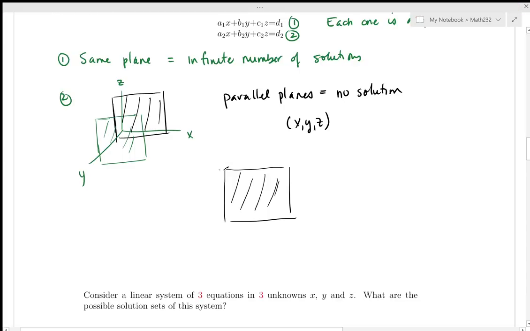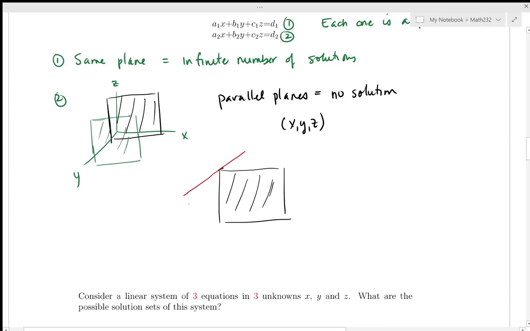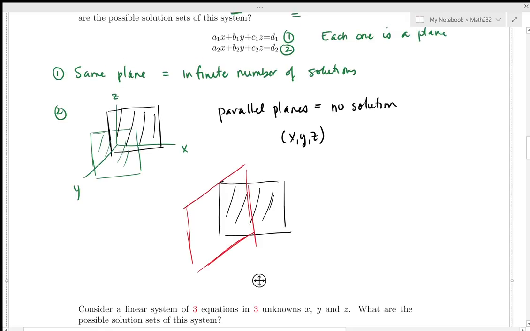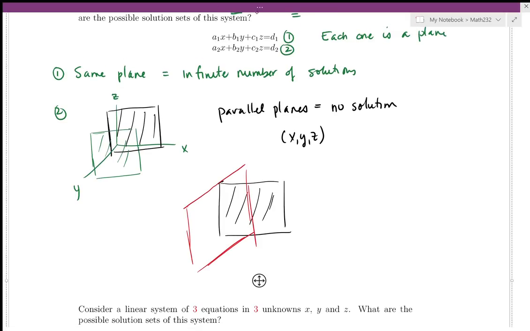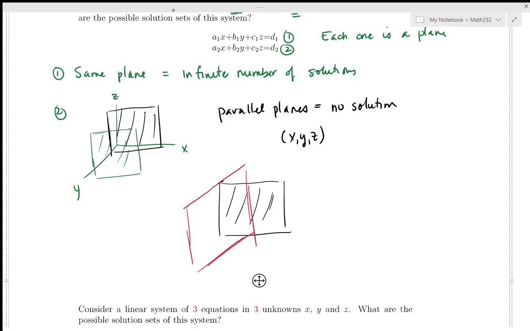We had another plane coming like this, oriented, in this case, I try to draw it roughly oriented at 90 degrees, and then the 2 of them would intersect at a line. That is the third possibility. So they would intersect here at a line.